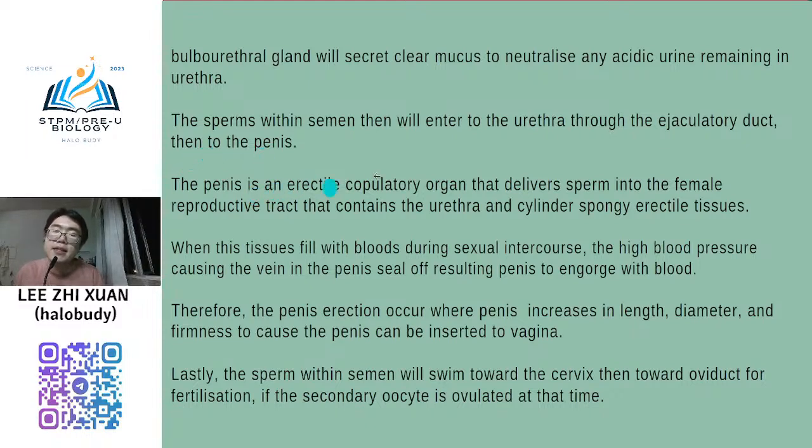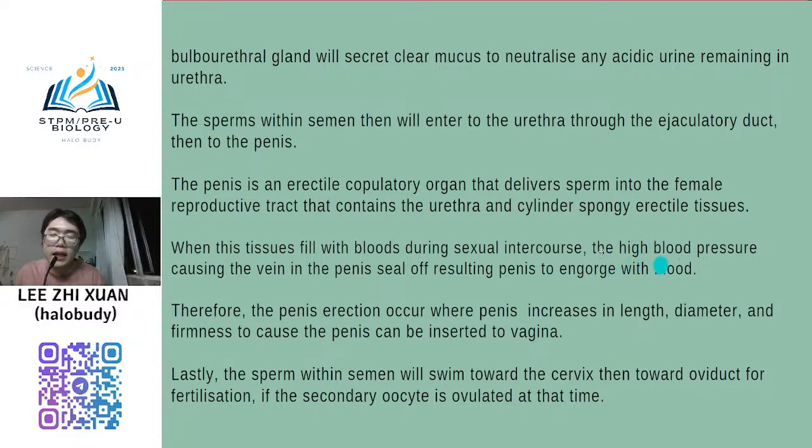The penis is our excretory and copulatory organ that delivers the sperm into the female reproductive tract, which is the vagina. During sexual intercourse in males, the penis will fill with blood, so the blood pressure at the penis is very high.